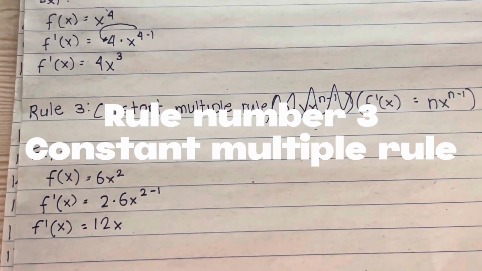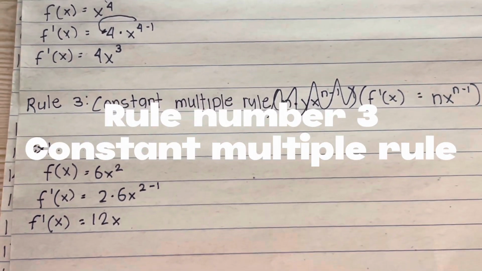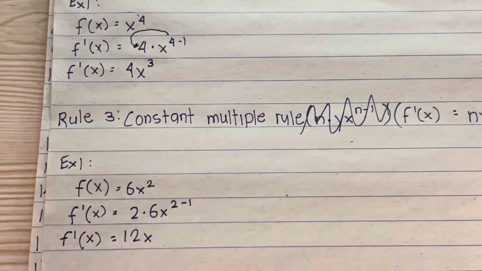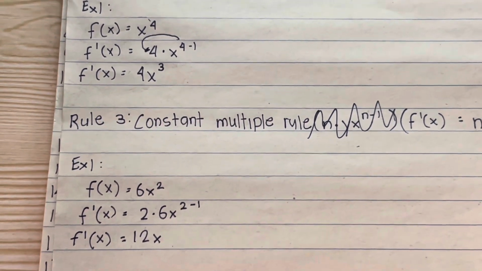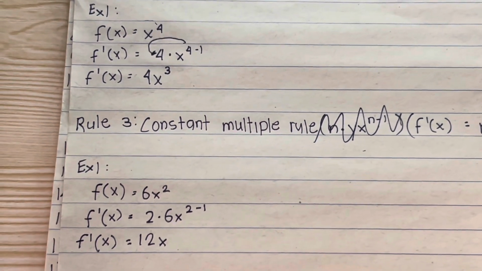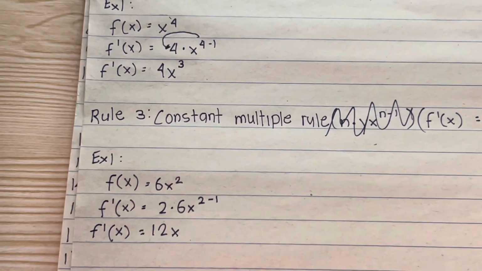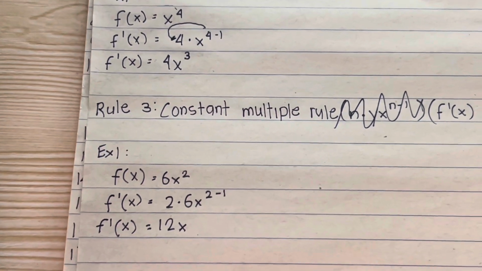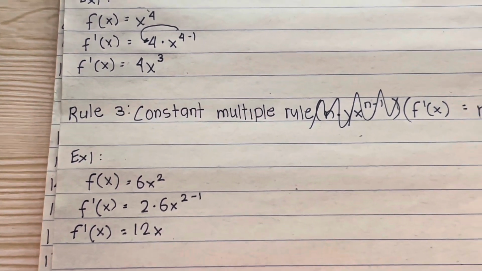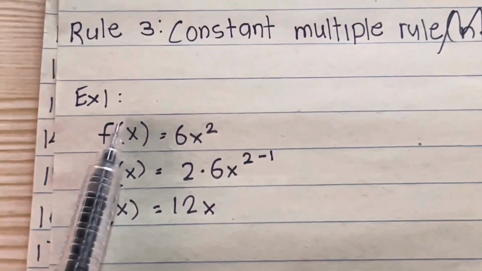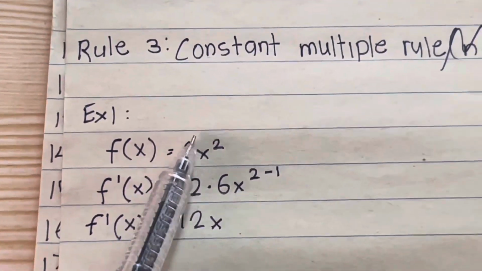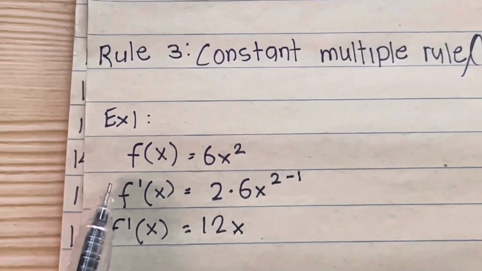Now onto rule number 3, the constant multiple rule. This rule is like rule number 2, but now the variable has a number next to it. To find its derivative, all we have to do now is multiply the exponent by the number and subtract 1 from the exponent. For example, f of x is equal to 6x squared.